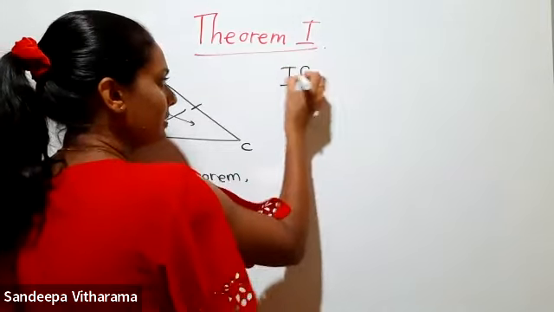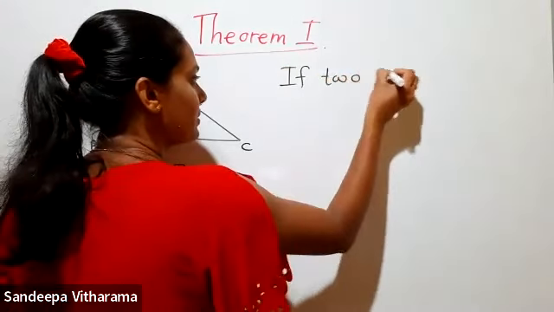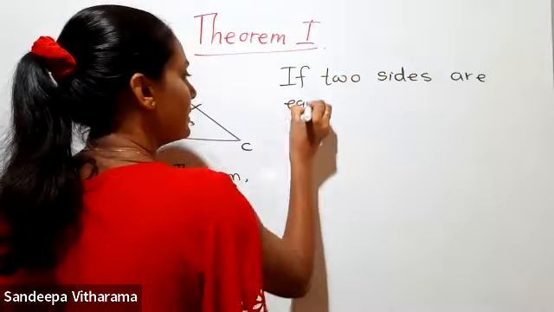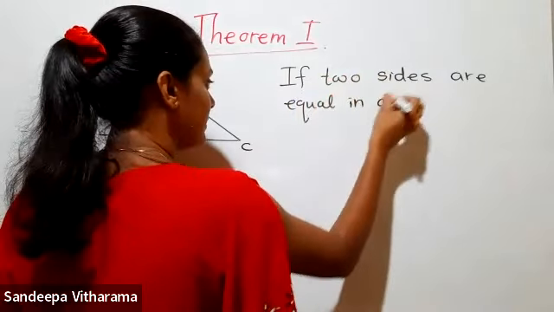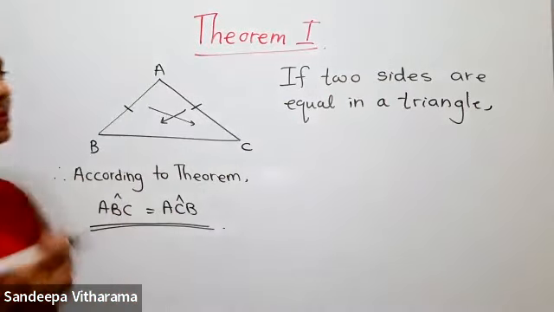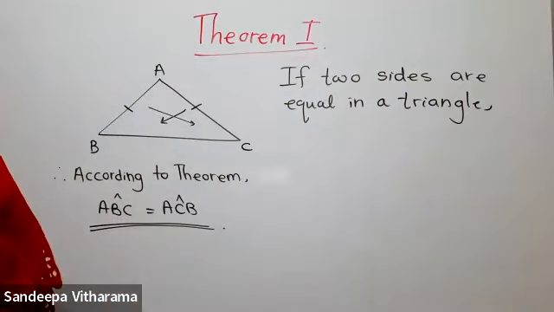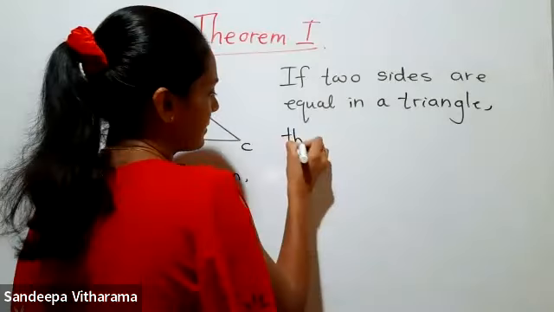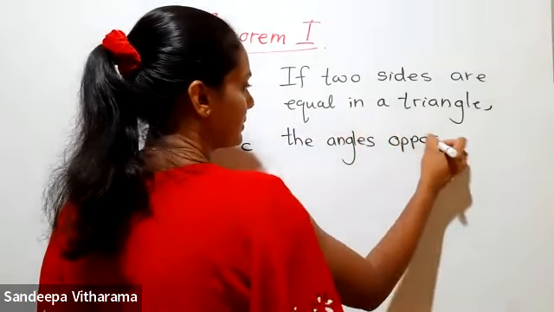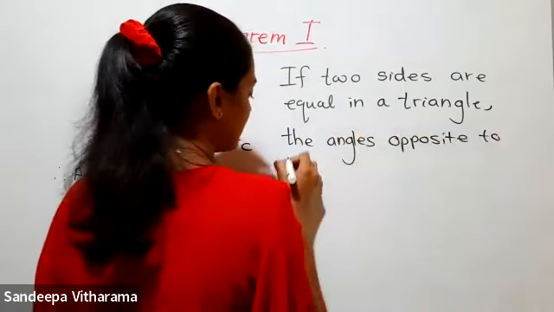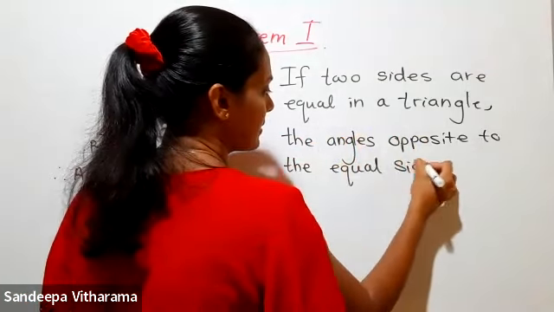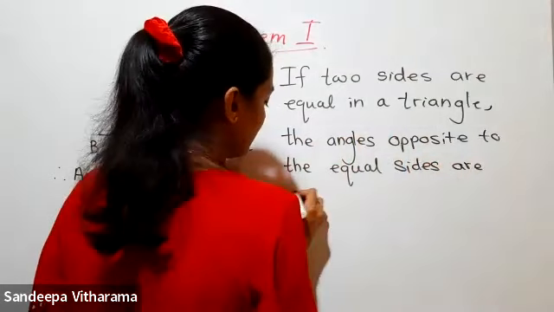If two sides are equal in a triangle, the angles opposite to the equal sides are equal.